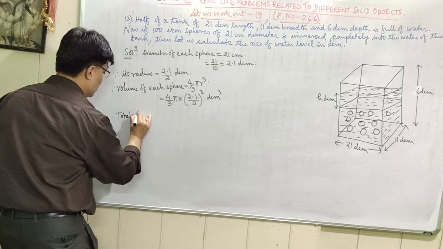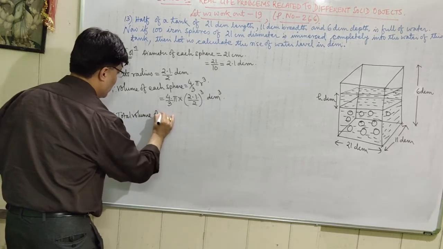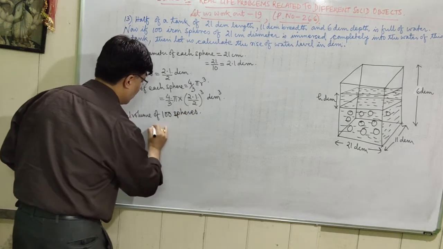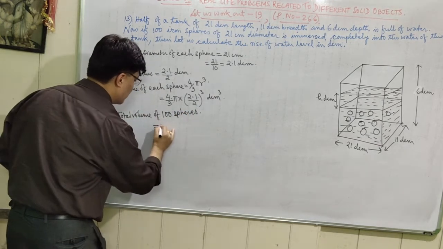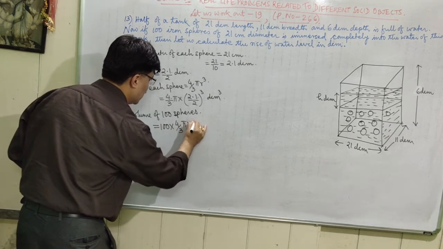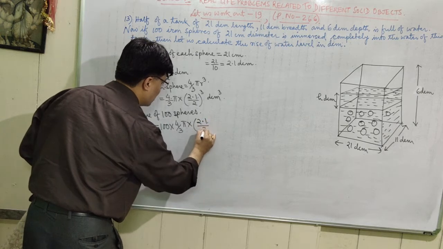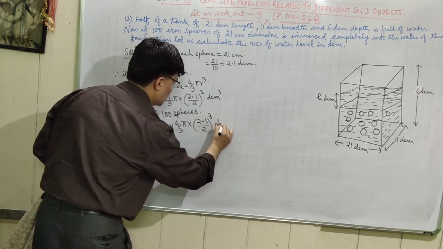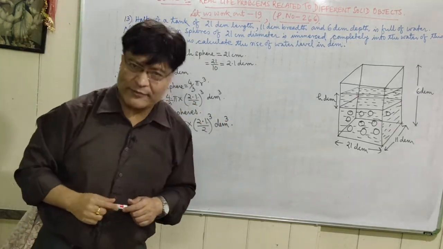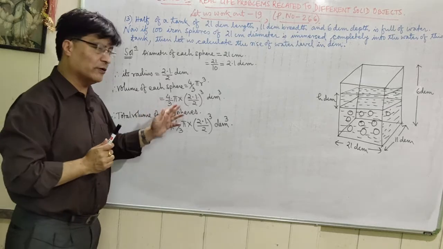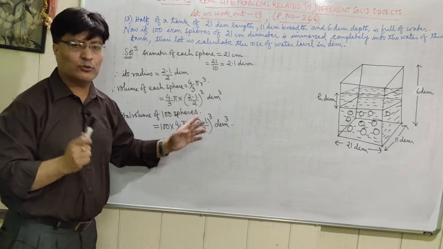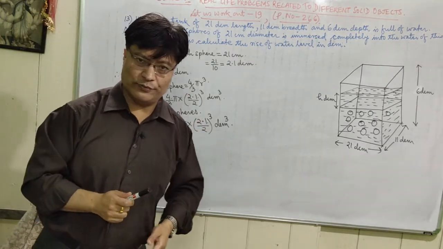Therefore, total volume of 100 spheres is equal to 100 into 4/3 pi into 2.1 by 2 whole cube decimeter cube. Okay, so we have calculated the total volume of 100 spheres.